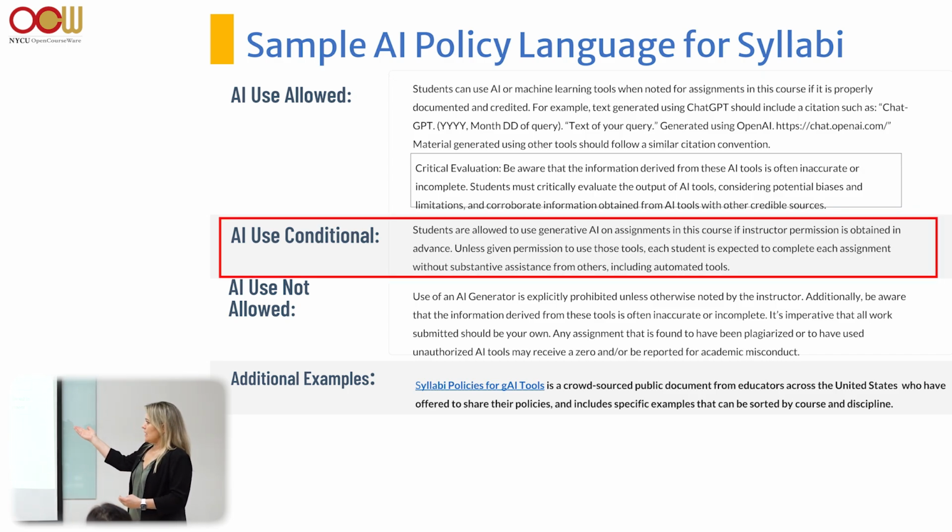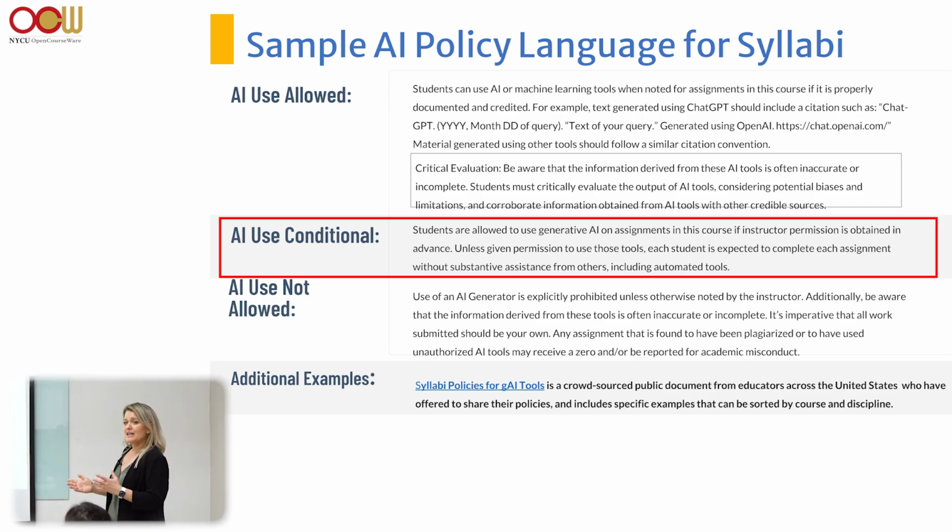You might also use a conditional statement. And this might even be at an assignment-specific level. So you may say, this is my overall statement, but some assignments I'm going to be more restrictive, and you'll have a specific statement for that. So students are allowed to use generative AI on assignments in this course if instructor permission is obtained in advance.